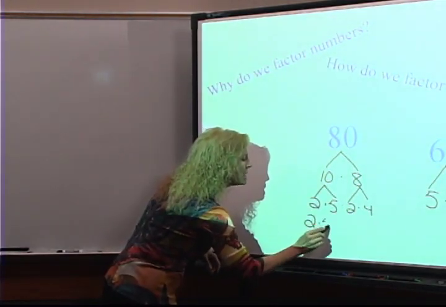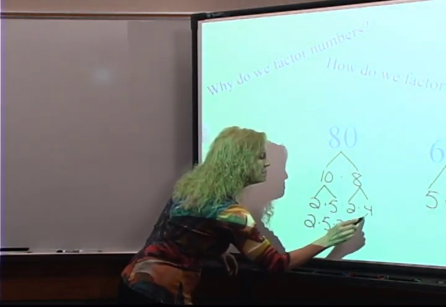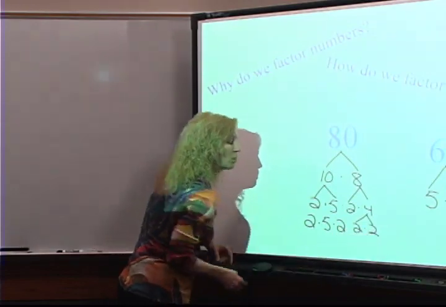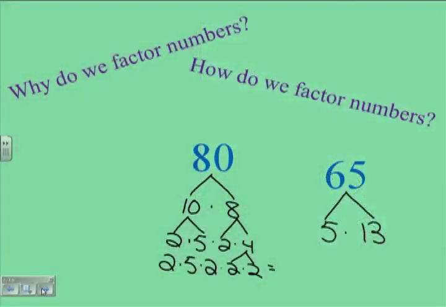So I end up with 2 times 5 times 2 times 2 times 2. Or you could say that's 2 to the 4th times 5. So I have factored my 80. And the point was that I had some clues to get me started. Second point was that once I did one step, I was not done. You have to continue. In fact, I had to continue for 3 levels here.